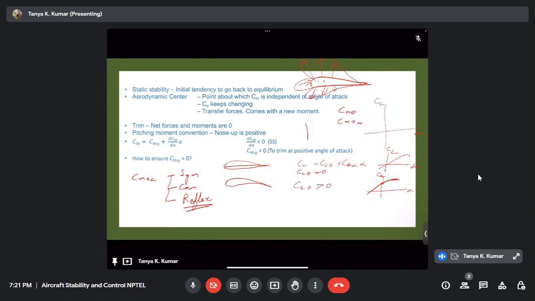For a reflex airfoil, how is the shape? You have an upward curvature towards the tail. So it's something like this. Let me just draw this again.